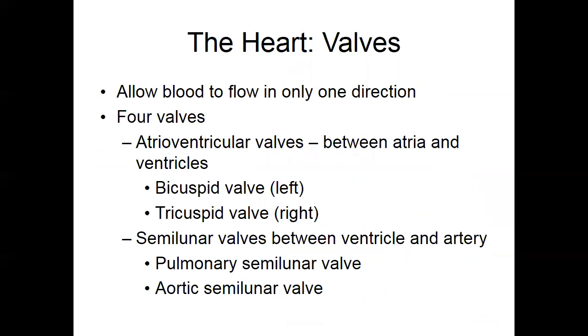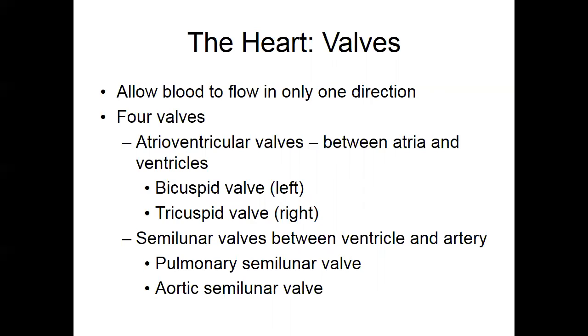Heart valves allow blood to flow in only one direction. There are 4 valves. The AV valves are between the atrium and the ventricle. The semilunar valves are between the ventricle and the arteries. If you have ever been confused about which valves do what, just think: your semilunar valves are your aortic and your pulmonic. Aortic is going to the body, pulmonic is going to the lungs.